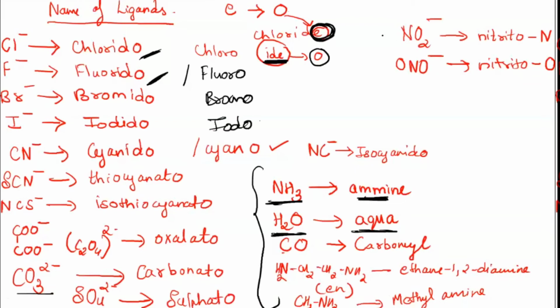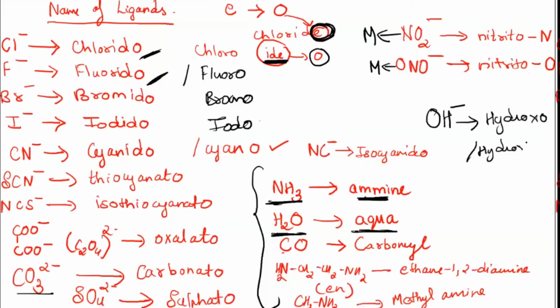If nitrogen is linked to the metal, if this is attached directly to the metal, you will write nitrito N. If oxygen is attached to the metal, you will write nitrito O. Anything I've missed out? Yes, OH minus. If you come across OH minus, this can be called hydroxo or hydroxido. Even hydroxido is correct.